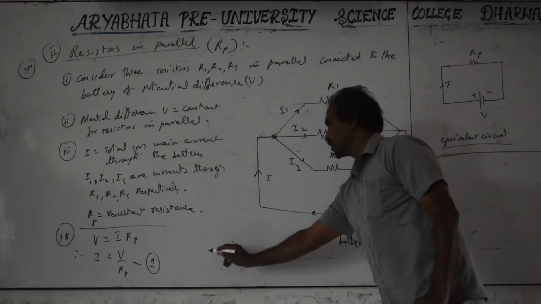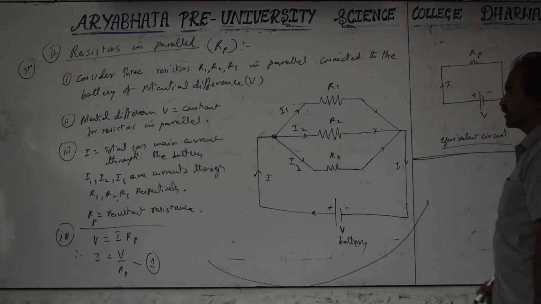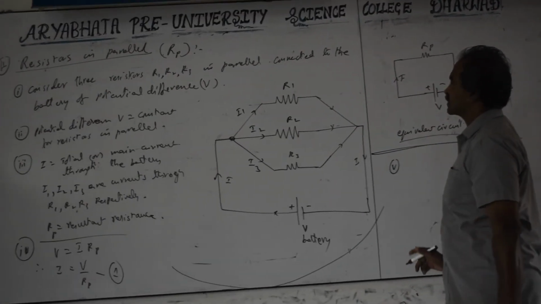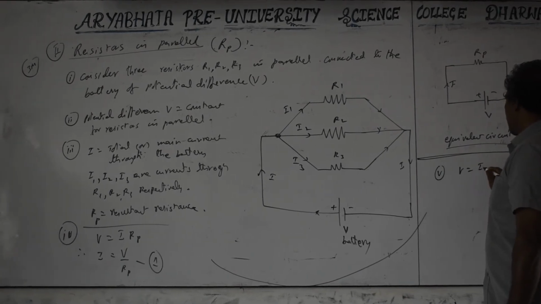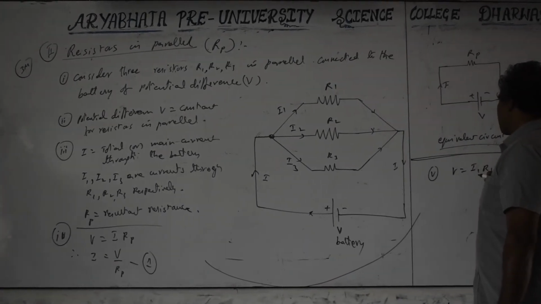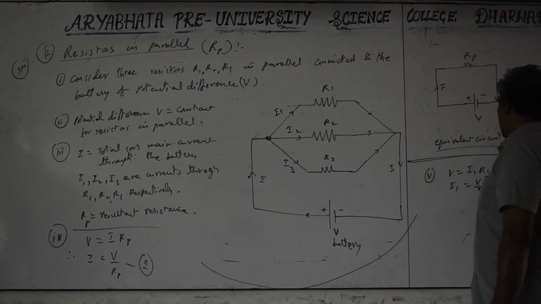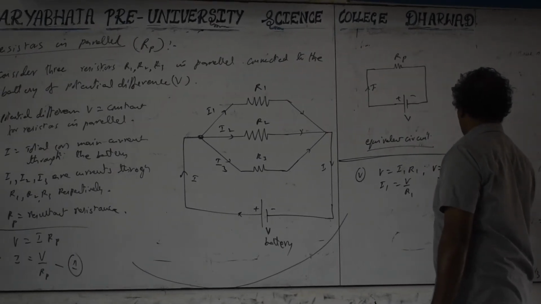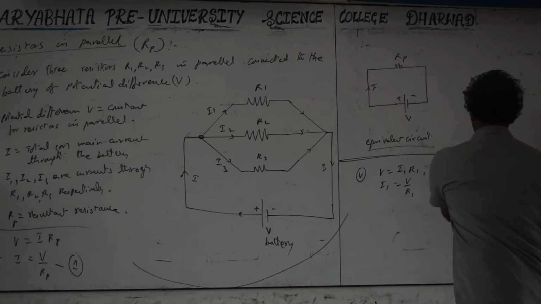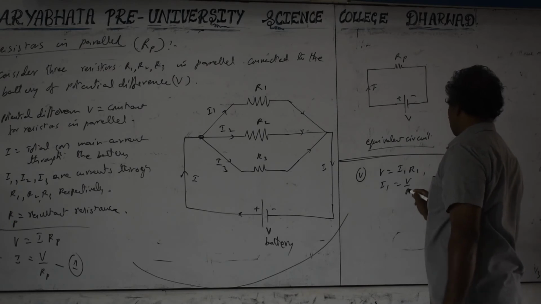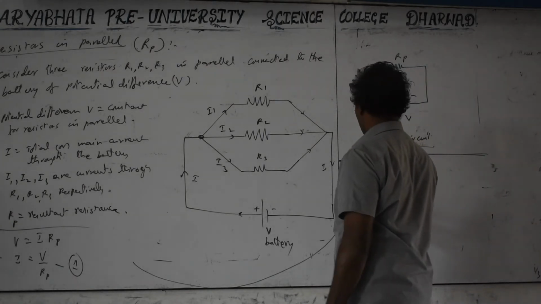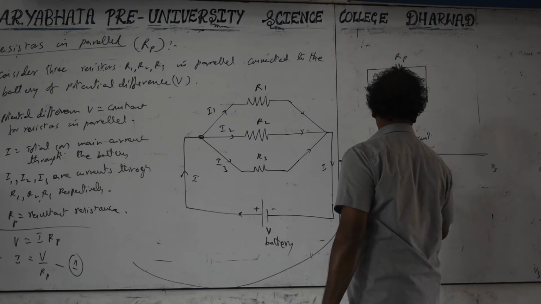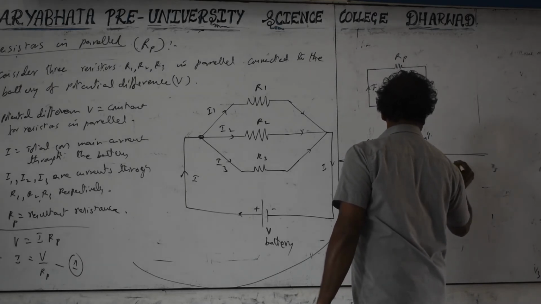I am taking the continuation from here. If you take each branch, the same potential difference V is equal to I1 into R1, V is also equal to I2 R2, V is also equal to I3 R3.